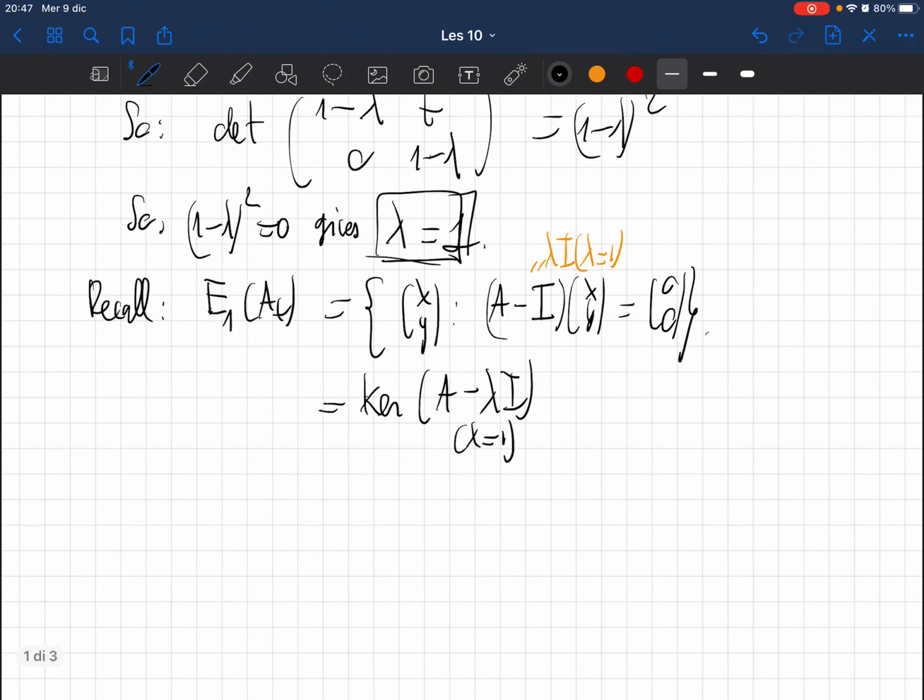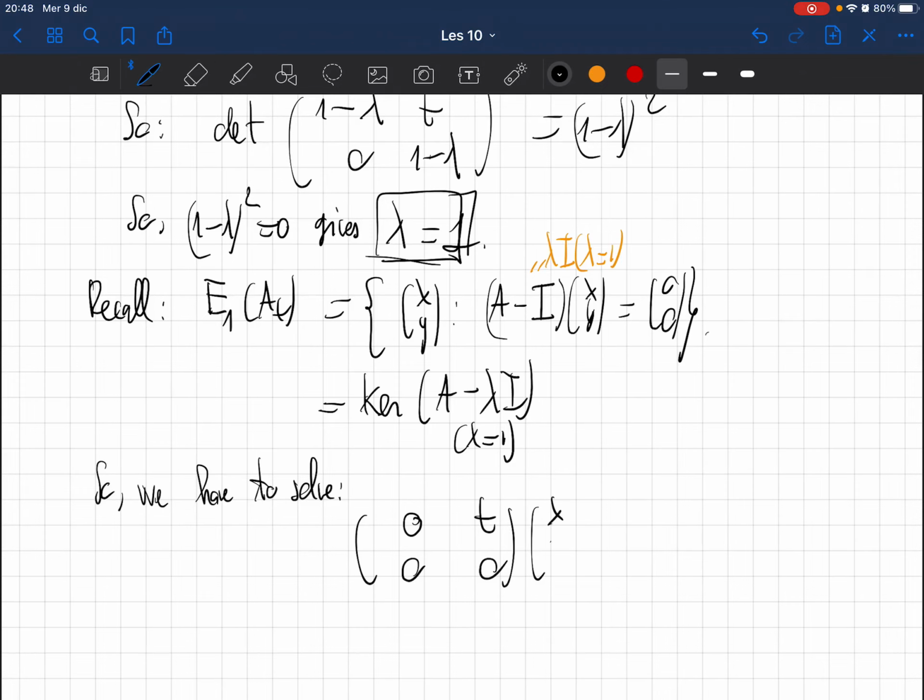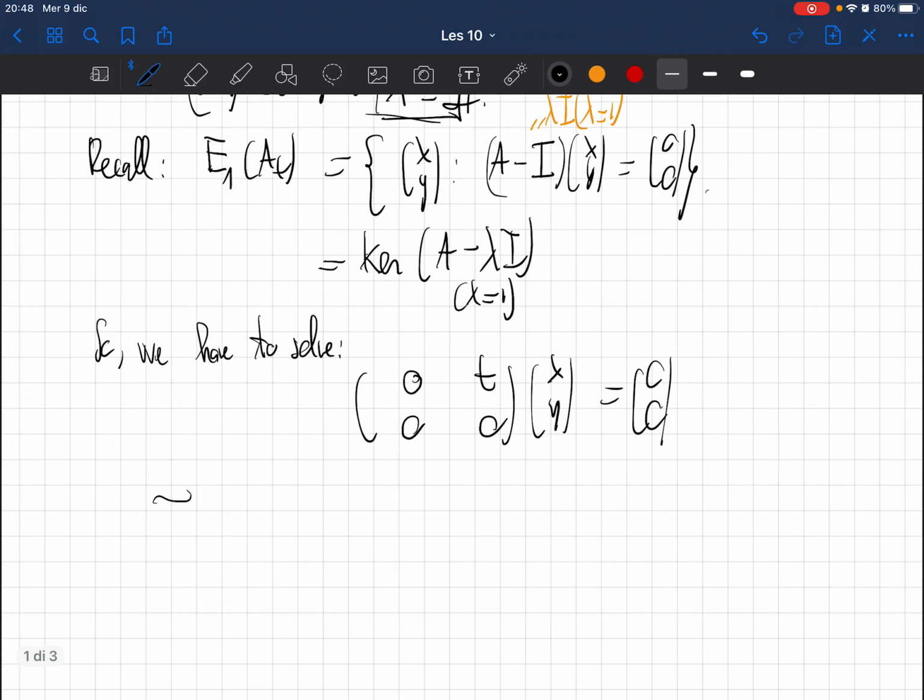Okay, fine. So we just solve a linear system: 0, t, 0, 0 times x, y equals 0, 0. This gives ty equal to 0 and 0 equal to 0. So now be careful.